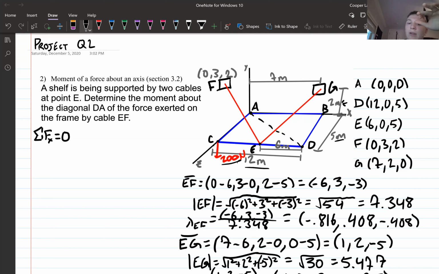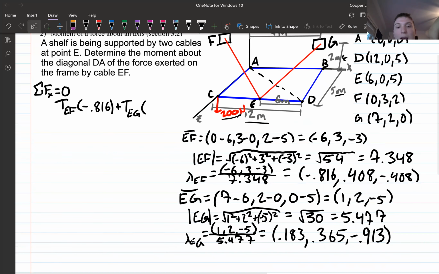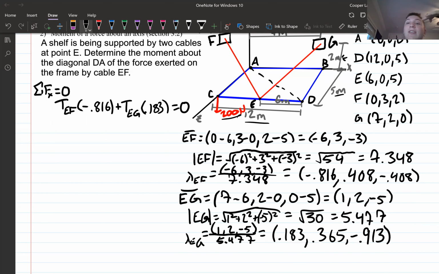So when I do this, I'm going to take my tension in cable EF, which I find to be negative 0.816, and I add my tension in cable EG, times its lambda. I don't actually have the tension solved for yet, but it's multiplied by its lambda of 0.183, and I find this to equal 0, because those are all the forces in the x direction.